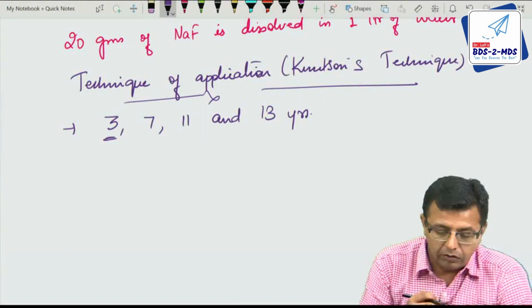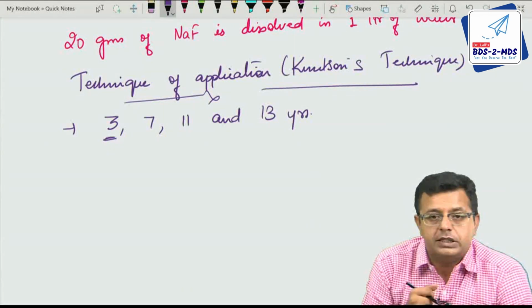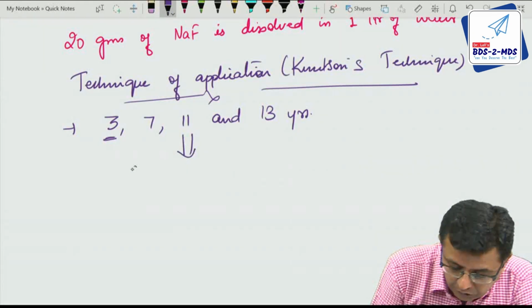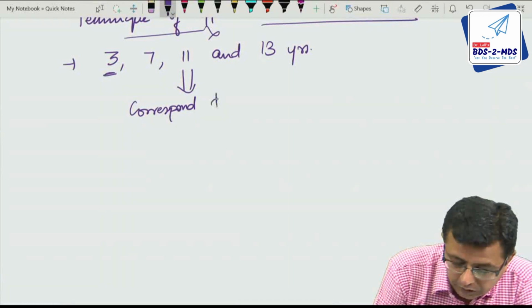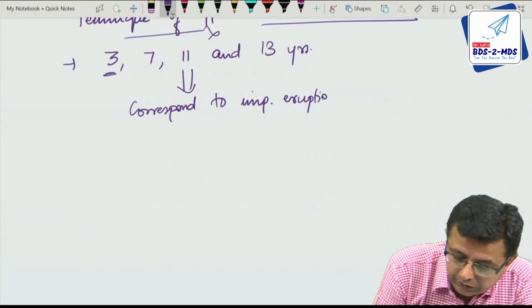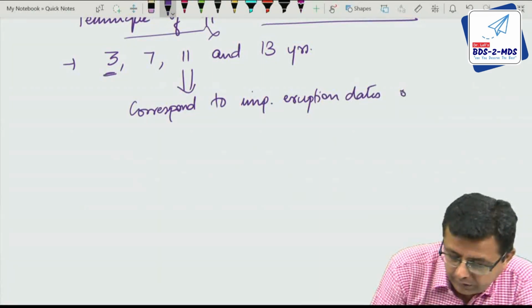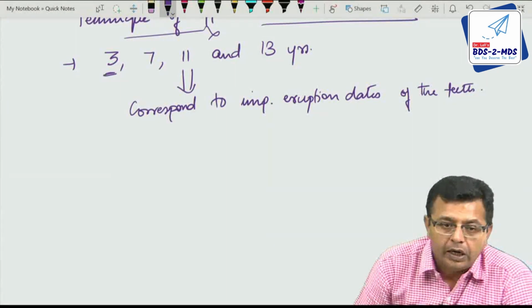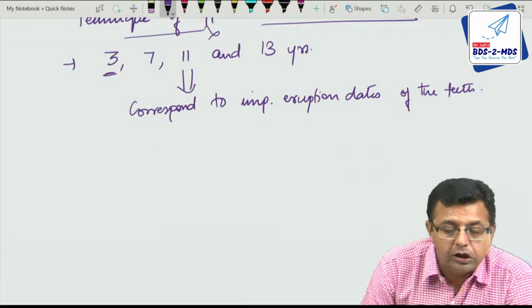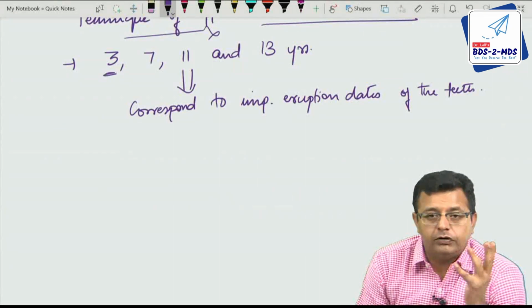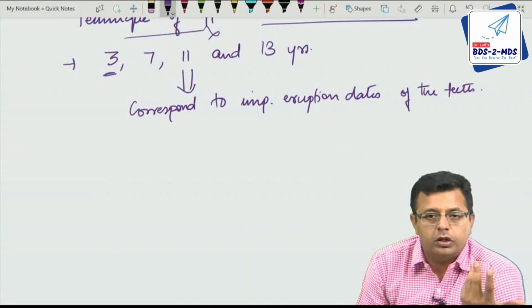Remember, these age groups were chosen by Knudsen because they correspond to the important eruption dates of the teeth. 3 years is targeted because he wants to target deciduous teeth; by 3 years the deciduous second molar has also erupted.